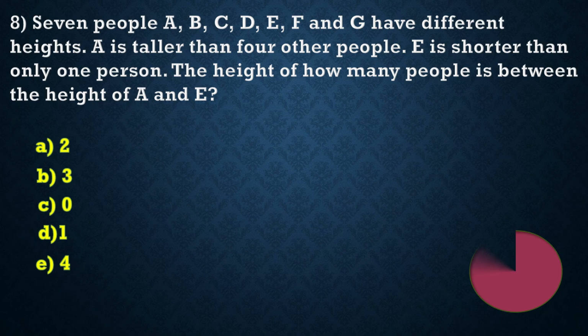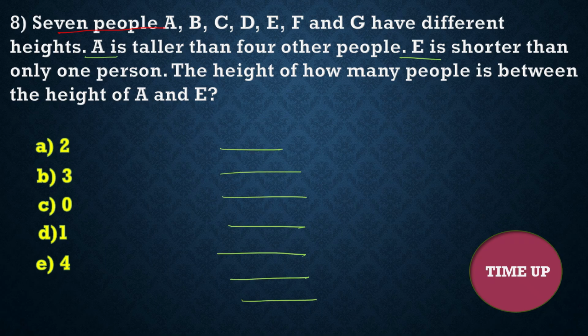They have said here 7 people, but information is given only of A and E if you carefully observe in the question. Let us solve this. 7 people are there. 1, 2, 3, 4, 5, 6, 7. A is taller than 4 other people, they are saying.